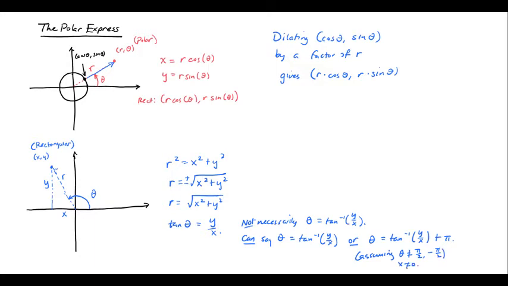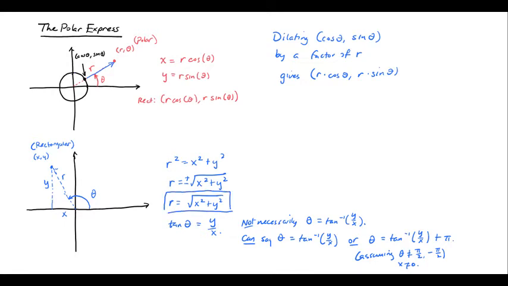If x is 0, we have a problem because this expression is undefined, so we'll never be able to calculate it. But if x is 0, then I'm somewhere along this axis, which means my direction is either pi over 2 or negative pi over 2, or if you like, 3 pi over 2. By the way, there are a lot of ways of representing the same point in polar coordinates because you can always add a full rotation to whatever your theta is. Anyway, there's my r.